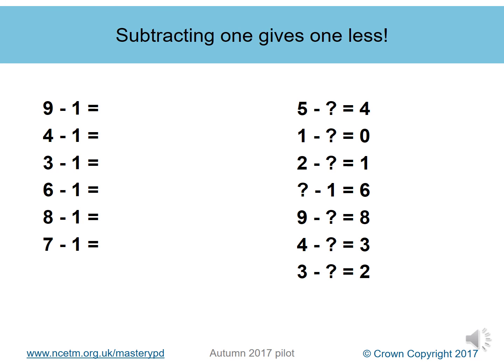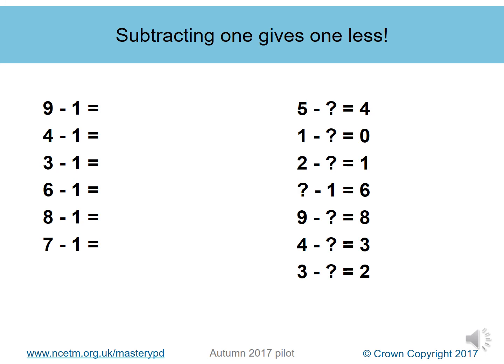Now it's over to you again. I want you to have a look at these number sentences and have a go at these. So remember, subtracting 1 gives 1 less. 1 less than a number, okay? You're just subtracting 1. In the first column, like the others, the answers are missing. You're just taking away 1 each time. And then the second column, a little bit of a tricky challenge, because the answers are there and the missing part is from the number sentence.